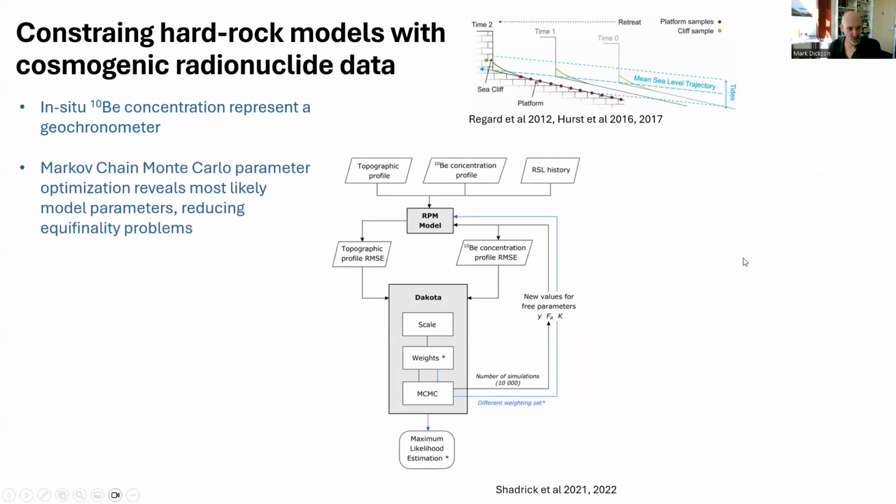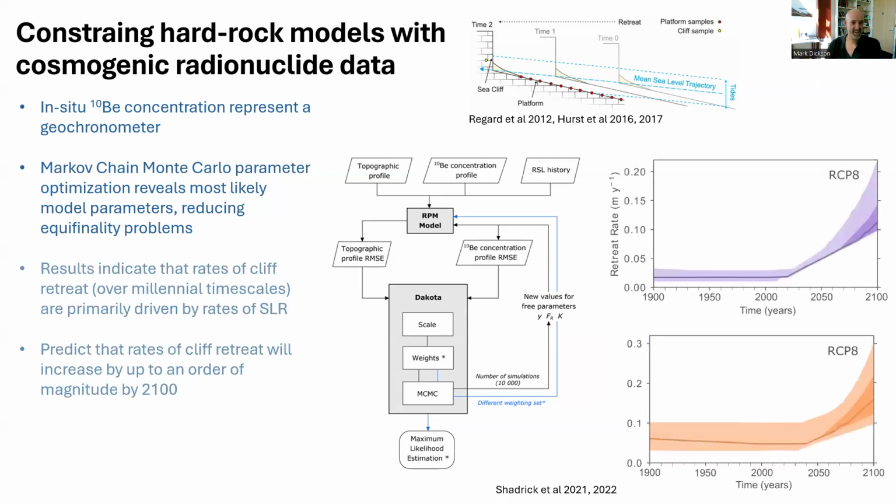So this Markov chain Monte Carlo optimization scheme reveals the most likely model parameters that have produced a particular profile shape. And I think this is a very important way for us to reduce equifinality problems. I think this is very nicely described in the work by Shadrick et al.